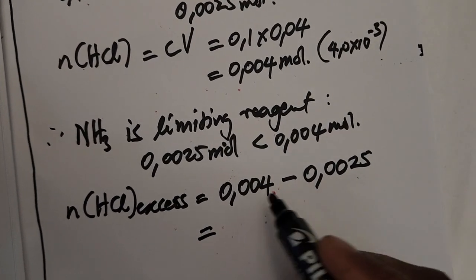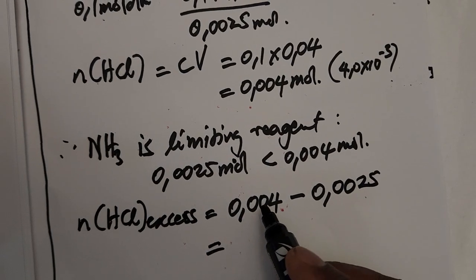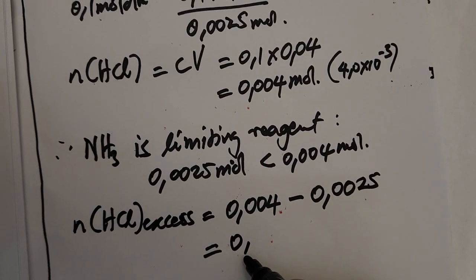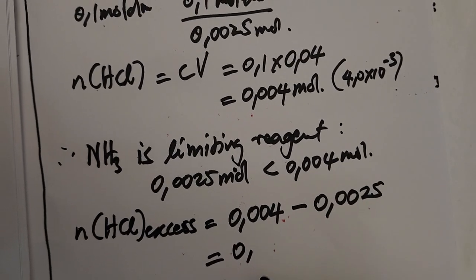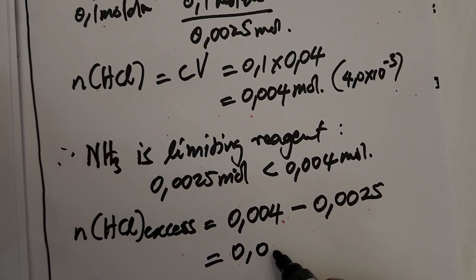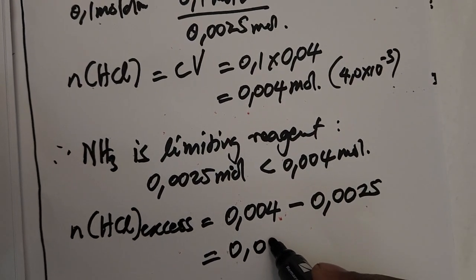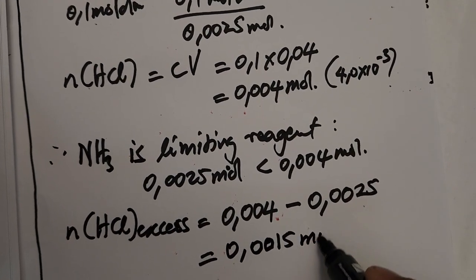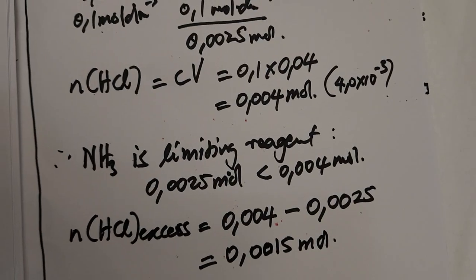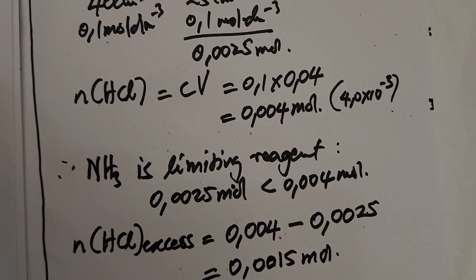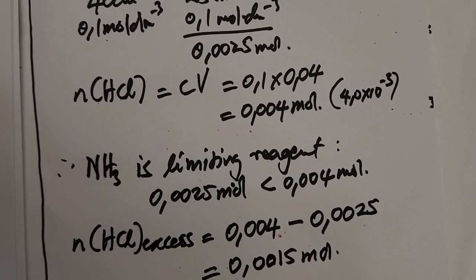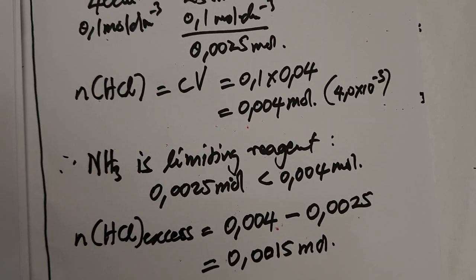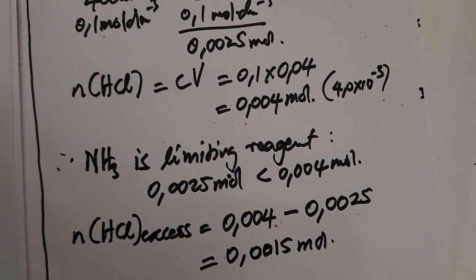Therefore the difference here will be 15, I think, which will be 0.0015 mole. I think that will be the case in this case. So that is the number of mole of in this case the HCl that will be in excess. Now we have to find the concentration of HCl in excess.